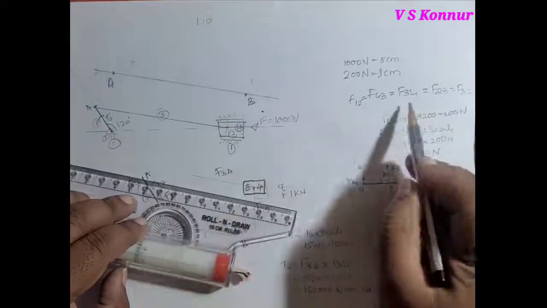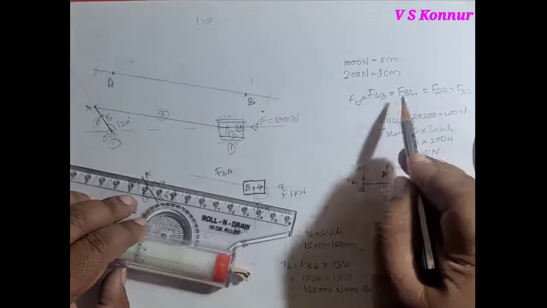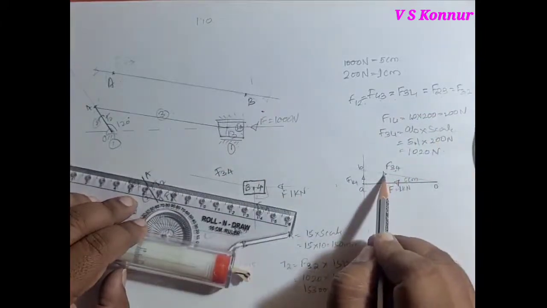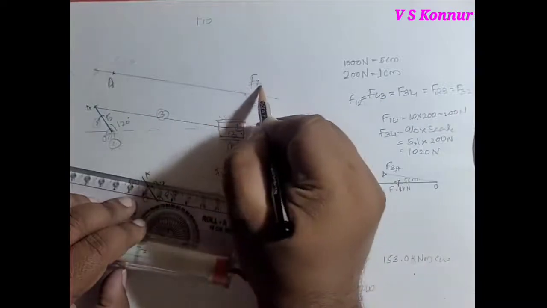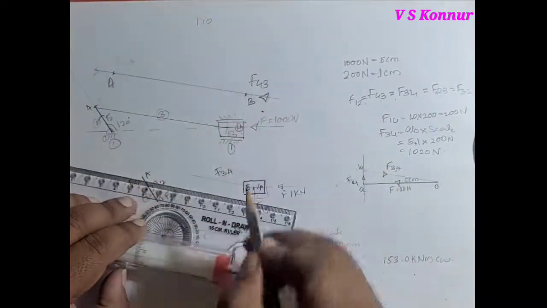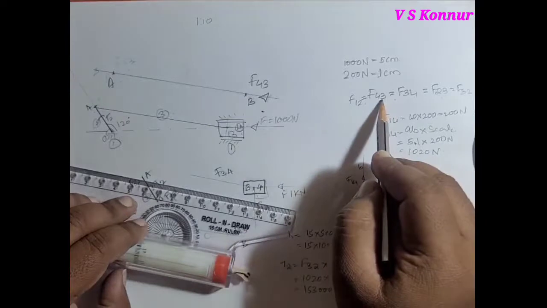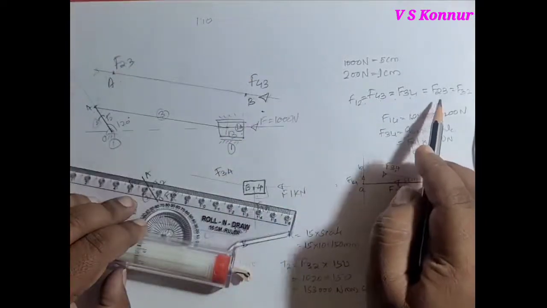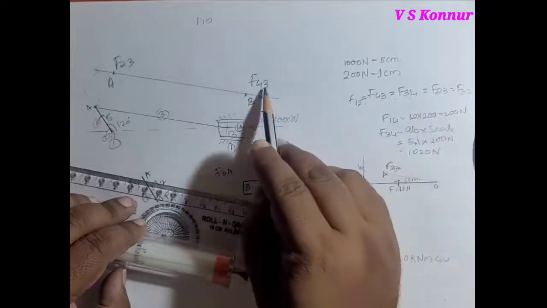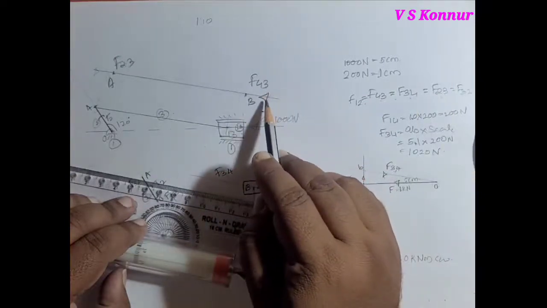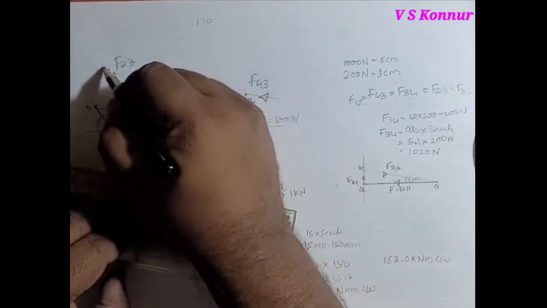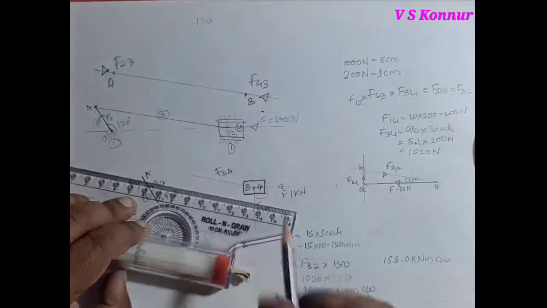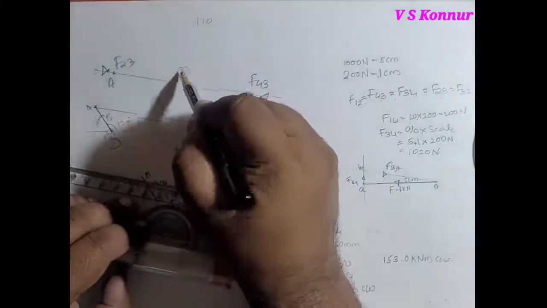Now F34 is equal to F43. So the line of action and direction of 34 is known. F43 is always equal and opposite in direction. F43 is equal and opposite to F23, so F23 is equivalent to F43. So F43 is in upward direction, F23 should be downward. These forces you have to show for the third link.